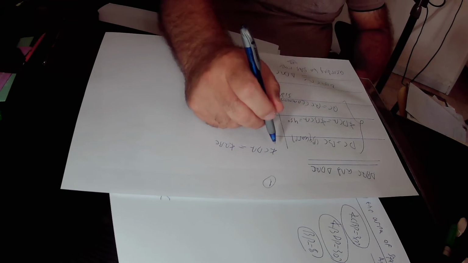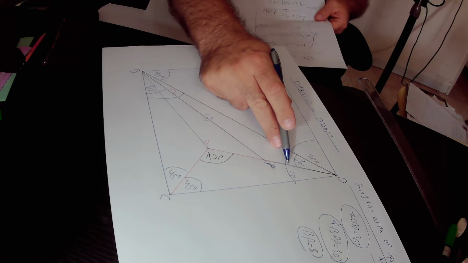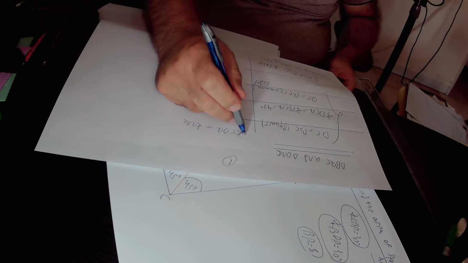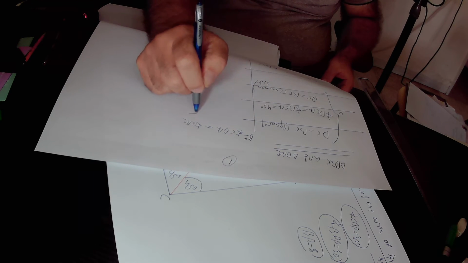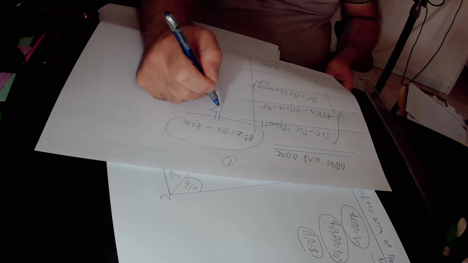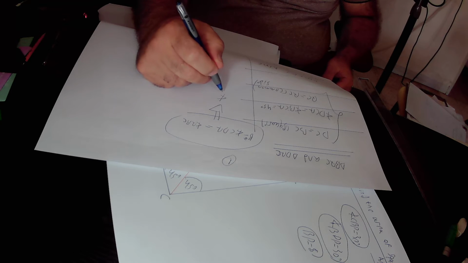But angle CDQ equals 15 degrees in its size, so I can write that angle CDQ equals 15 degrees. And from this equation, we derive that angle QBC is also equal to 15 degrees in its size.